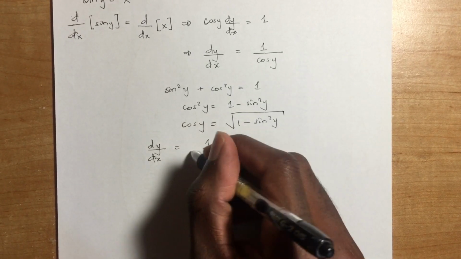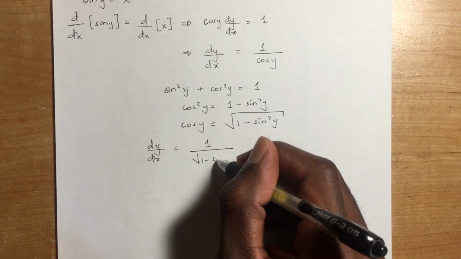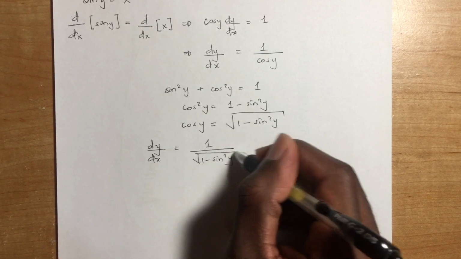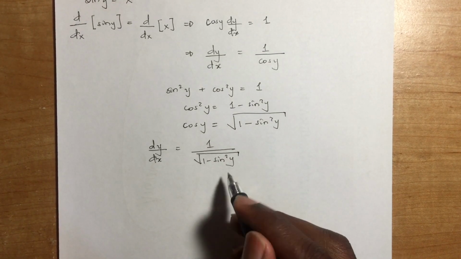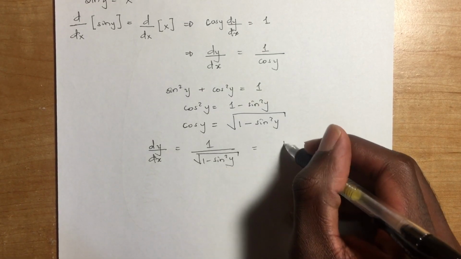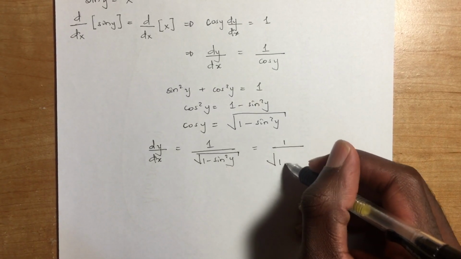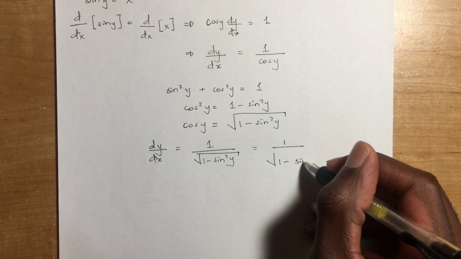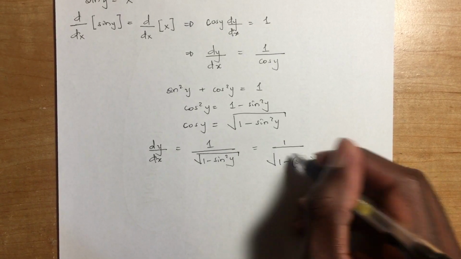So once we do this, let me write it so you guys might see this better: 1 minus sine of y, all that squared.